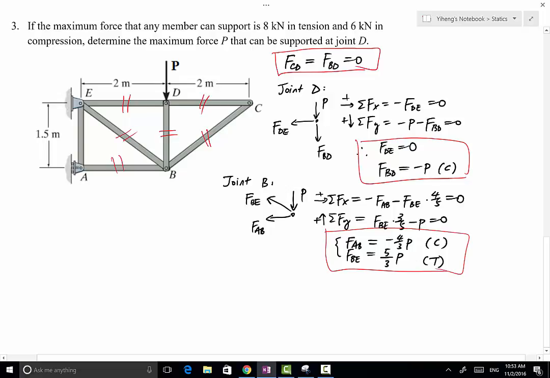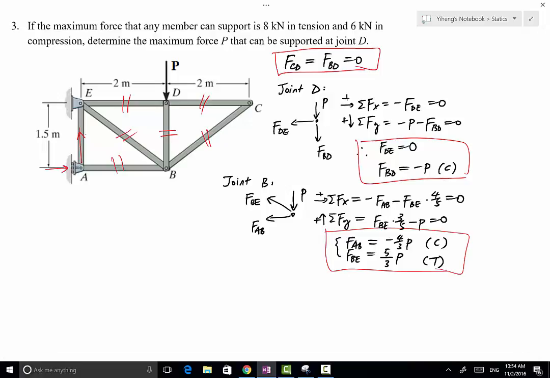At this point, if you look at joint A, you realize that because we have a roller support here, there's only one force reaction, and the direction is known. It has to be horizontal. Therefore, the force FAE is going to be the only vertical component along the y direction.